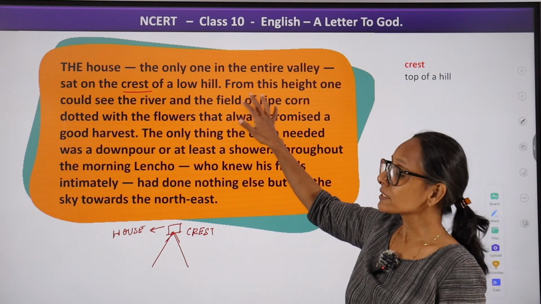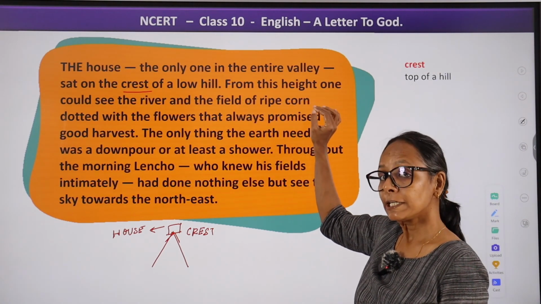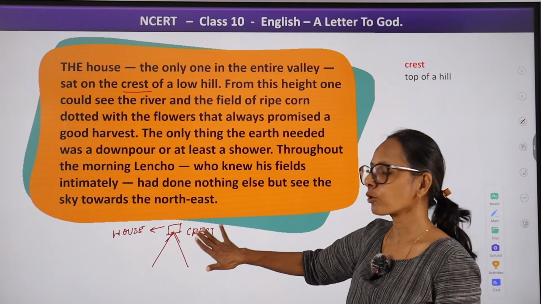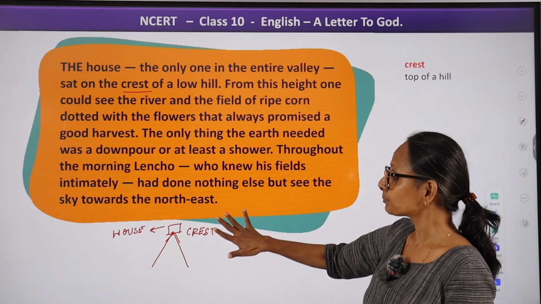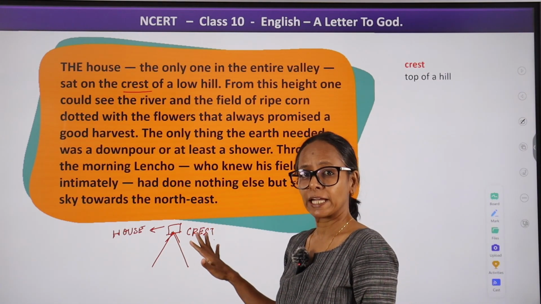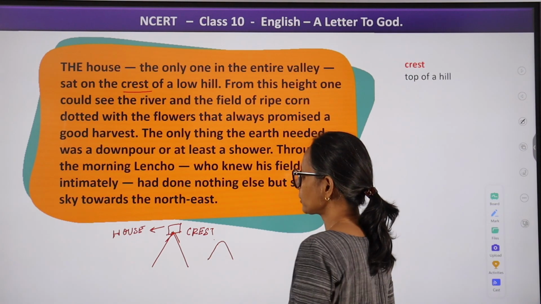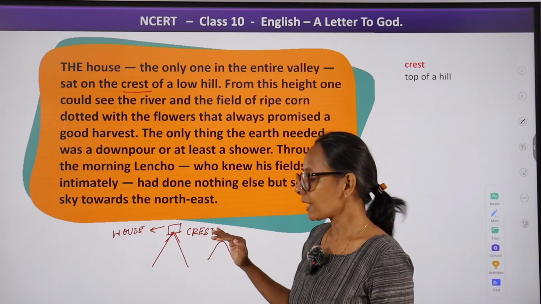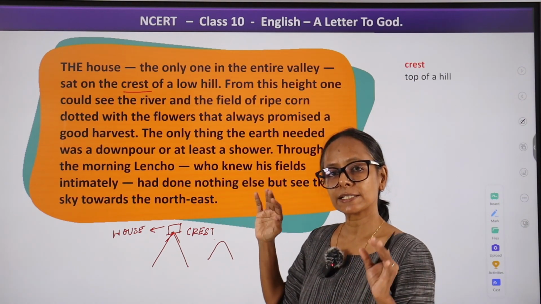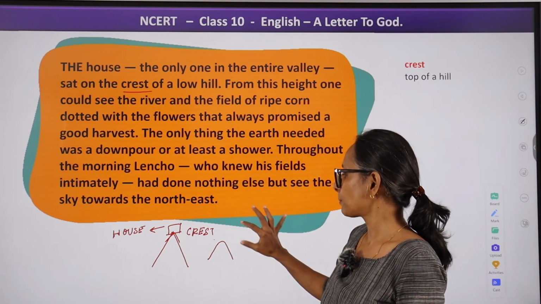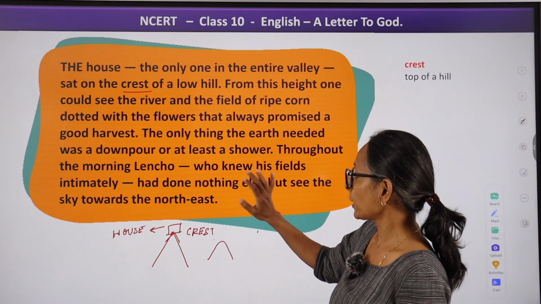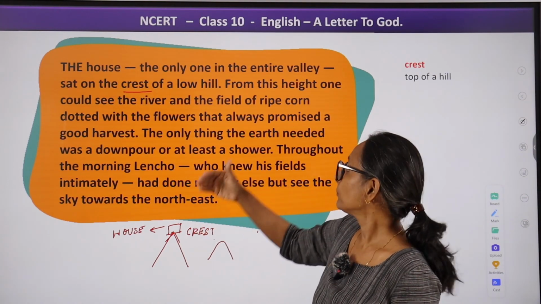So the house, the only one in the entire valley, sat on the crest of a low hill. So this low hill means it's a smaller hill. It's not a huge mountain or something. It's a smaller hill, and this house is the only one in this entire place sitting on the crest. Okay. Going to the next line.